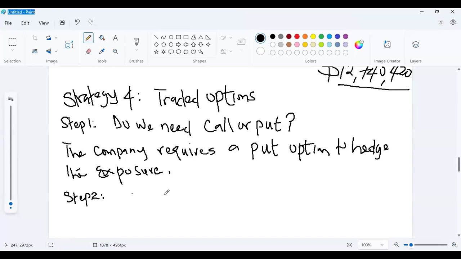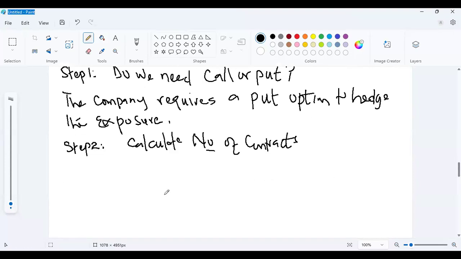Determine or calculate the number of contracts needed, the same thing we did under currency futures.